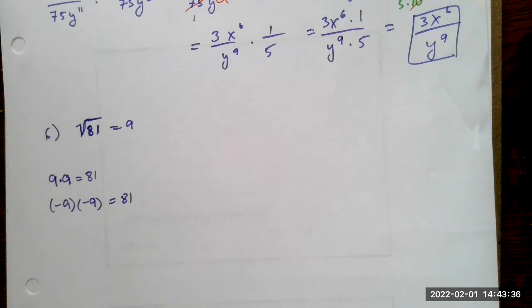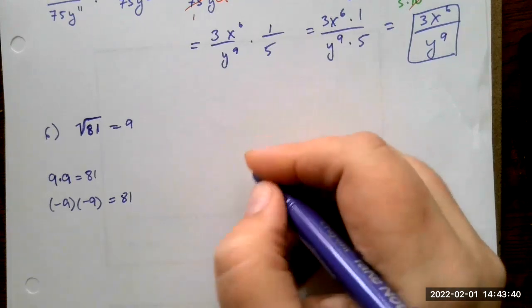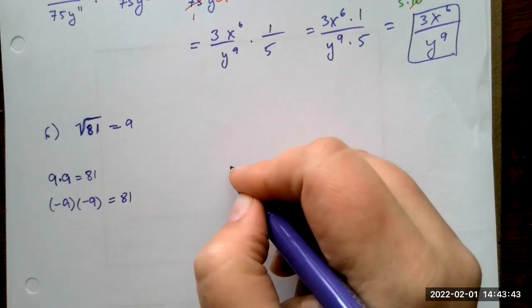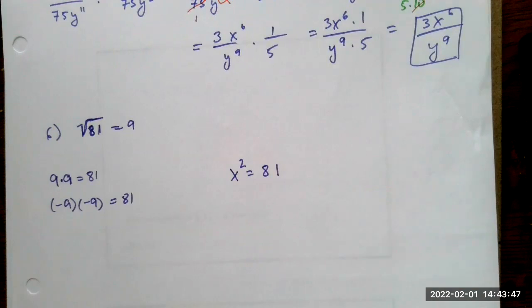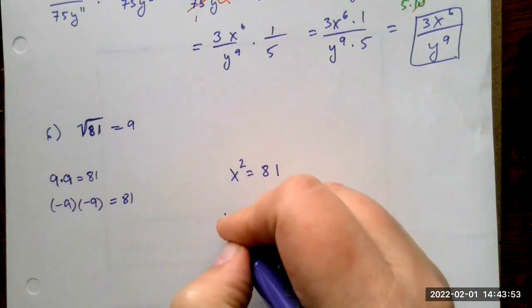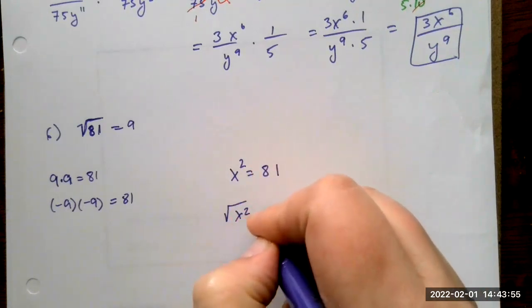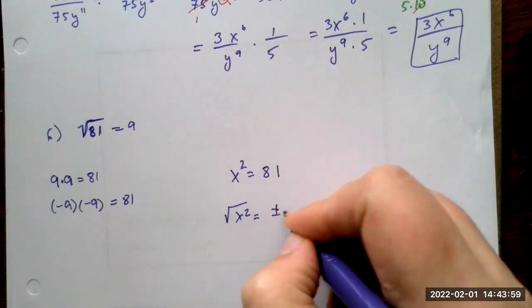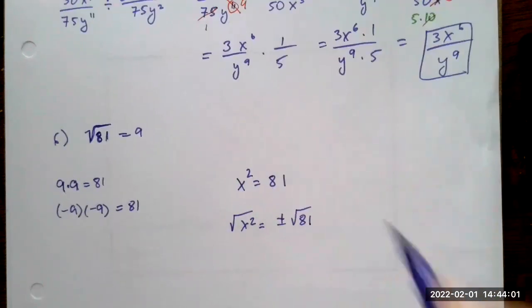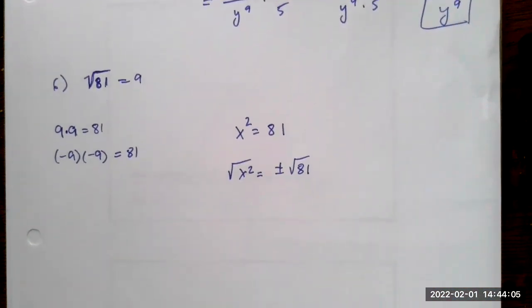Okay, got it? So the implications for us, if we are solving a problem like x squared equals 81, and we need to find x, well, then when we unsquare, right? So square root of x squared equals, here we have to write positive or negative root of 81, because just root of 81 refers to a positive one only.